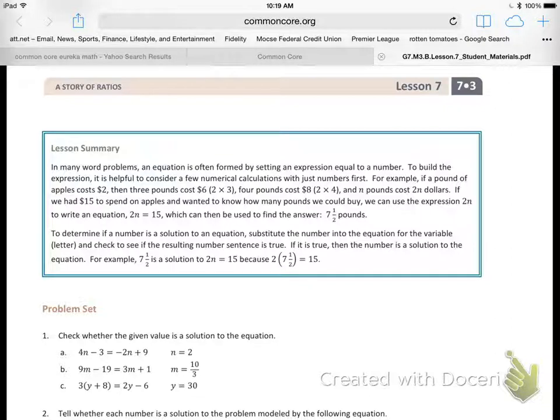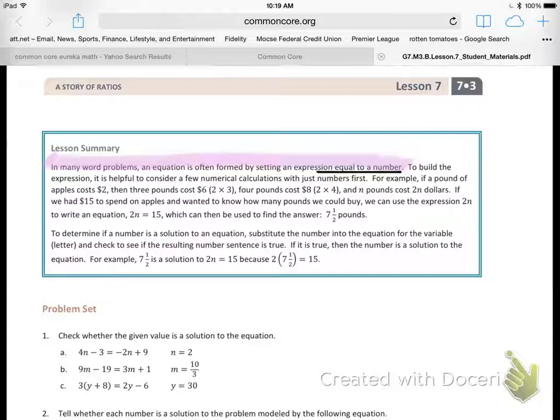Okay, so here we are at our lesson summary, and I'll just read this while you read along with me. In many word problems, an equation is often formed by setting an expression equal to a number. Again, it's not always going to be the case in the future in algebra, but very often for our purposes right now, most of our equations will be set to equal a number.